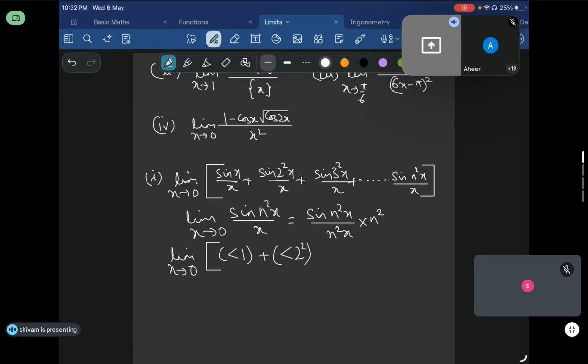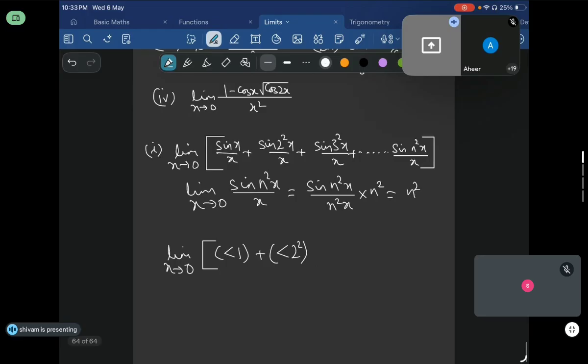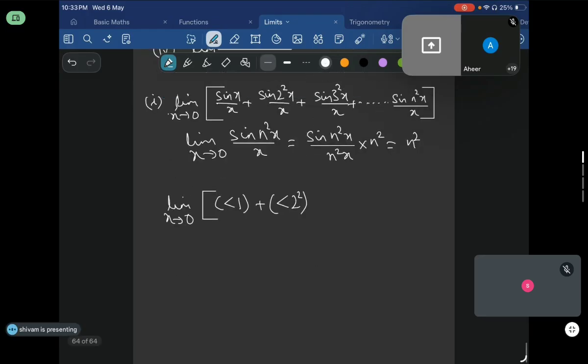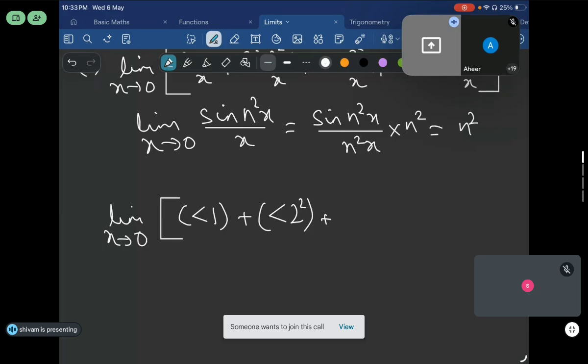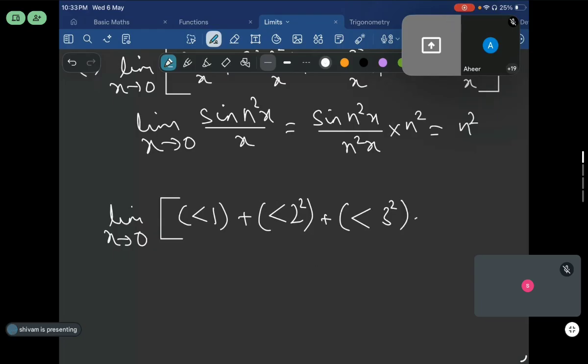Multiplied by n square, so this will be nothing but n square only. Are you people able to realize sin x is less than x? Next, the third term will be just less than 3 square. Are you people able to visualize? Plus dot dot dot, this will be just less than n square.